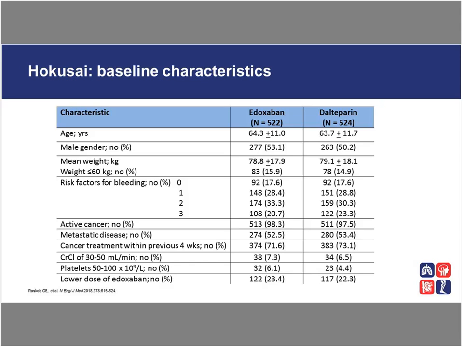And in the end, about 23% of patients were on the lower dose of edoxaban, and there was also a group that ended up on a lower dose of dalteparin during the therapy, although that was also dependent on physician preference.